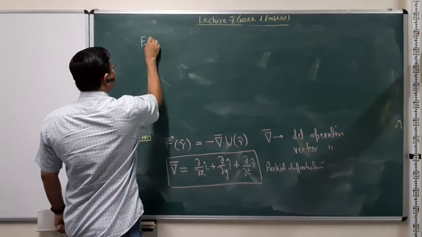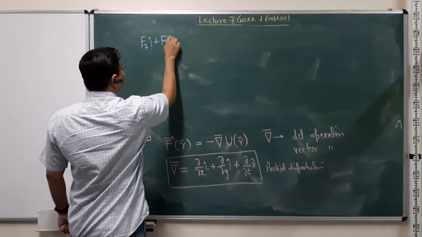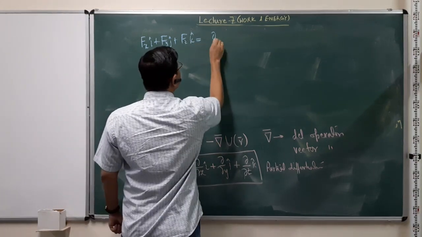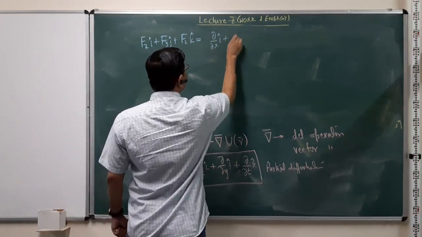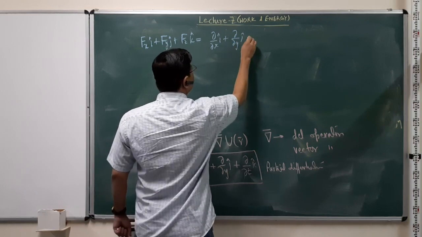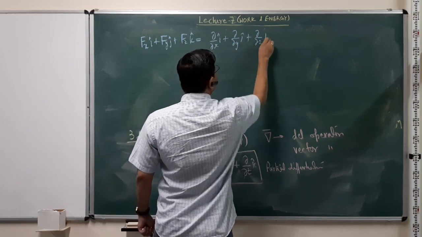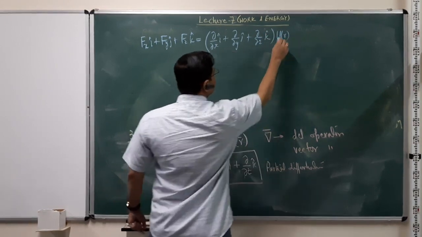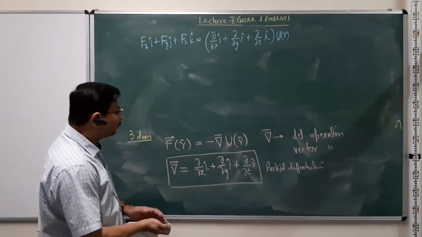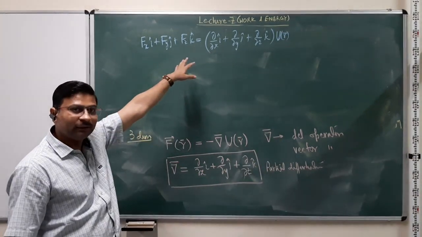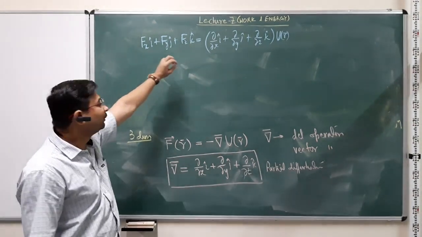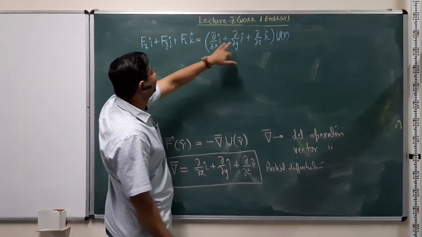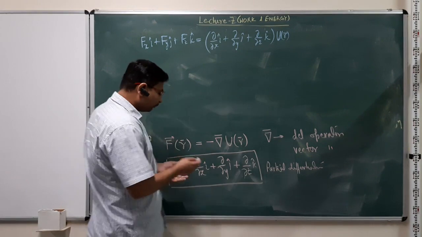So I can write Fx i cap plus Fy j cap plus Fz k cap is equal to negative del over del x i cap plus del over del y j cap plus del over del z k cap acting on u of r, right? And now, as we know from vectors, if two vectors are equal, then their components also have to be equal. So Fx has to be equal to the x component of this vector, Fy the y component, and Fz the z component.